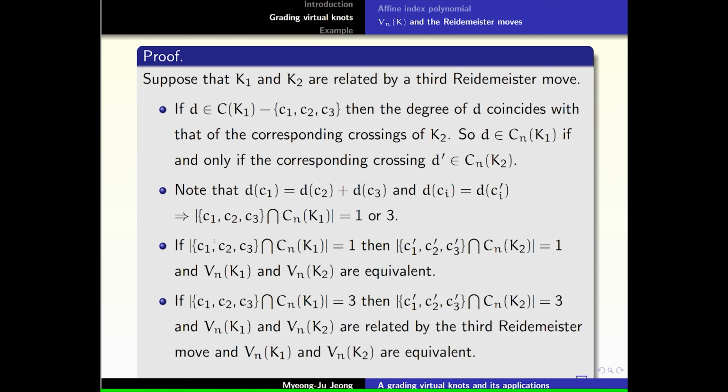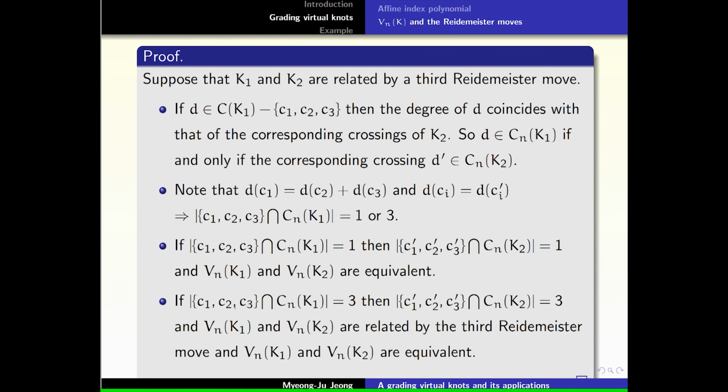At first, if we consider this case, then we can see that actually V_n K1 and V_n K2 are equivalent, because if the chord is C1, then C2 and C3 will be removed in this virtual knot, and C2 prime and C3 prime will be removed in this diagram.